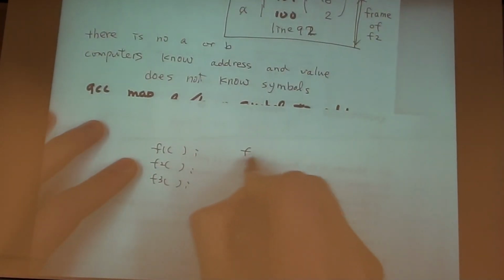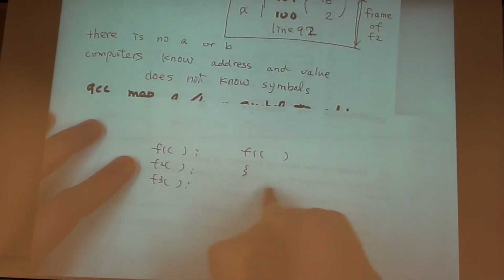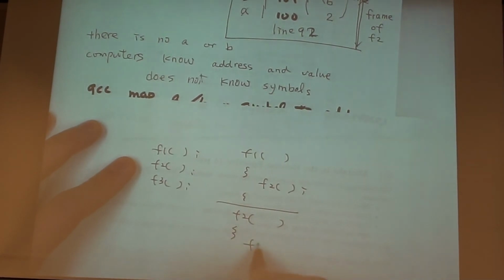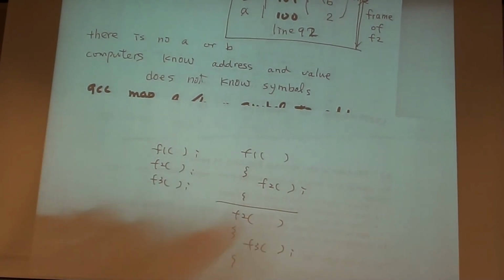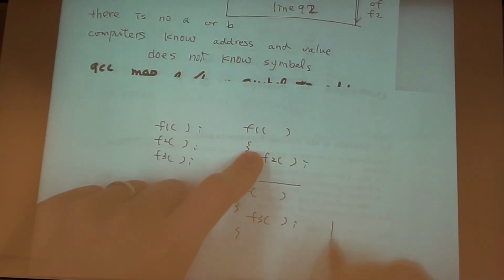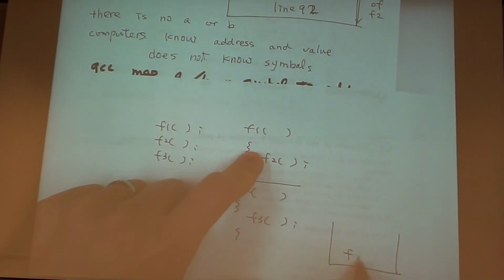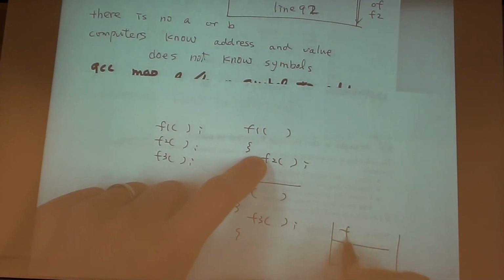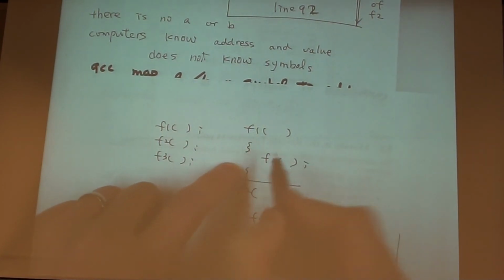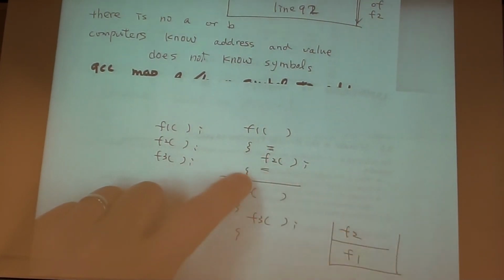But if you say F1, inside F1 you call F2, inside F2 you call F3. In that case, you have one frame for F1. F1 calls F2, the frame for F2 will be on top of F1, because F1 is not done yet, right? You may have something after F2. You may have something after F3.